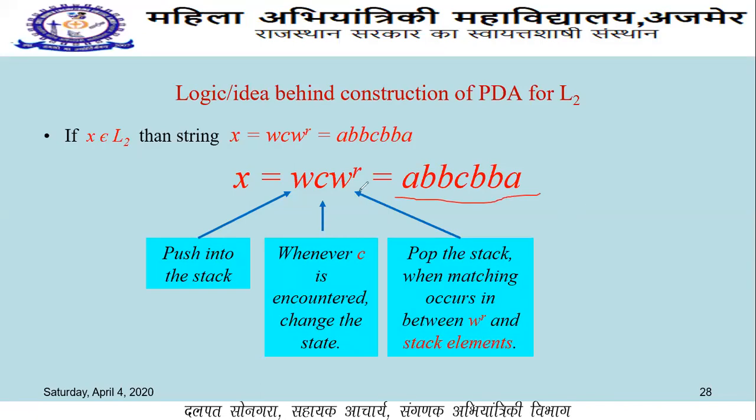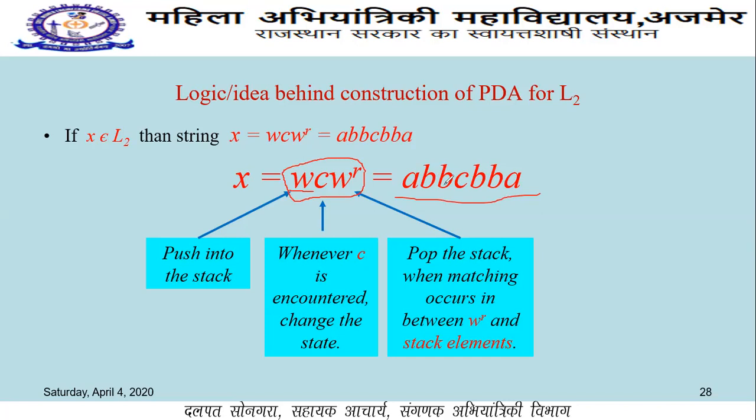Whenever this string W is read from the input, the idea is that we push all the elements of W into the stack one by one. Means whenever we read A, B and B, we push them one by one into the stack.